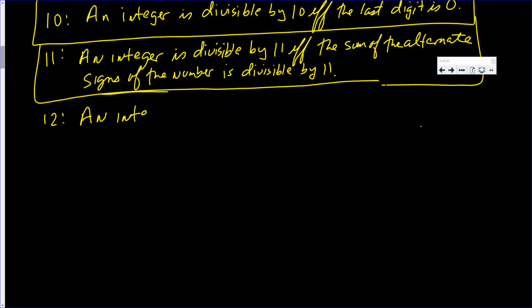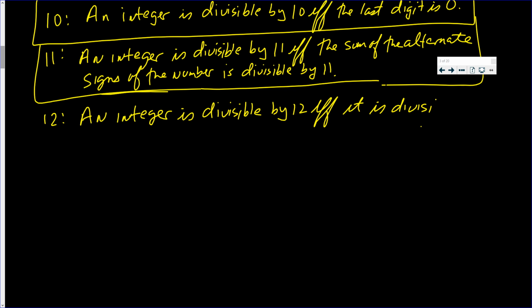An integer is divisible by 12 if and only if it is divisible by 4 and 3. That is, it has to pass the divisibility test for 4 and the divisibility test for 3.